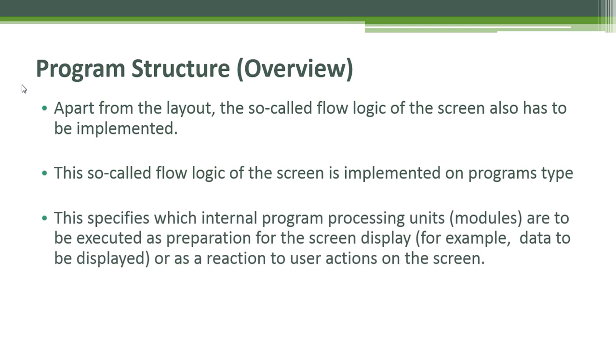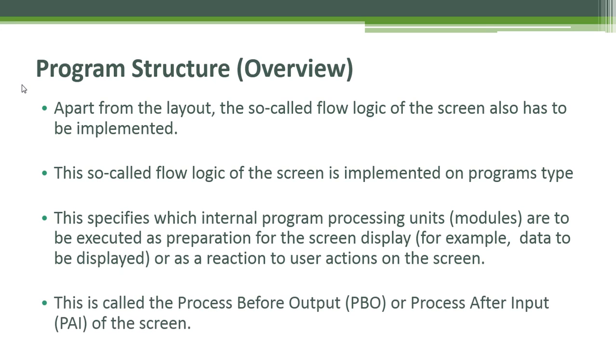This specifies which internal program processing unit modules are to be executed as preparation for the screen display, for example, data to be displayed, or as a reaction to user actions on the screen. And these reactions will be in the process after input.